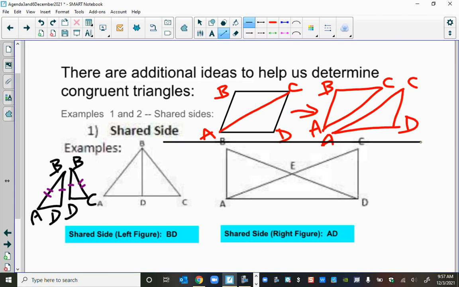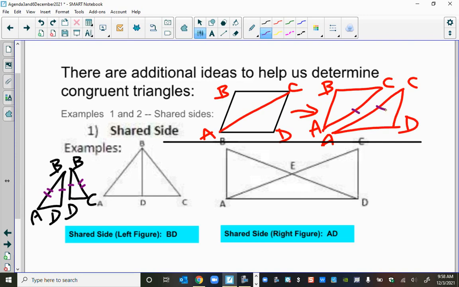You're going to probably see ones that look more like these two, not so much this one. I just want everybody to see. But again, for the shared side, look which side has common letters. When you break up this triangle, A and C are the common letters.